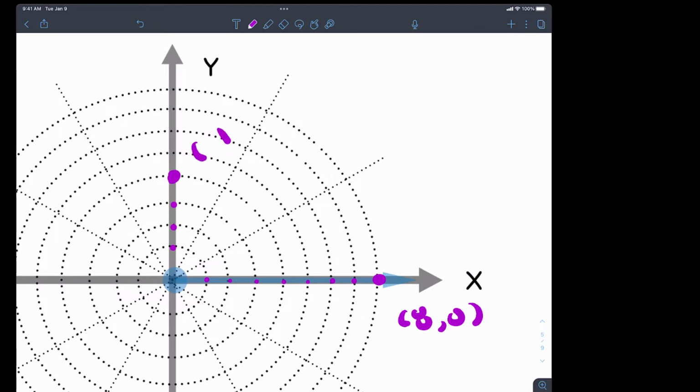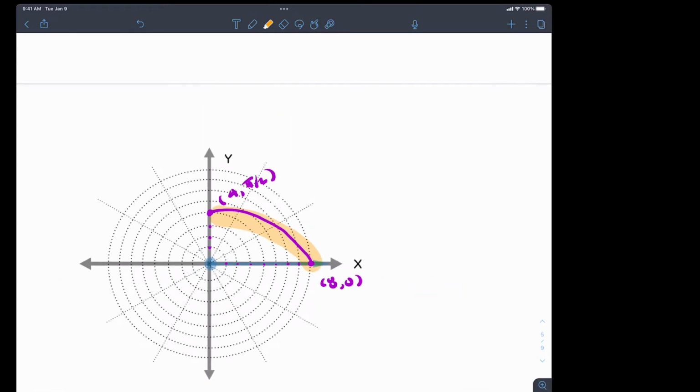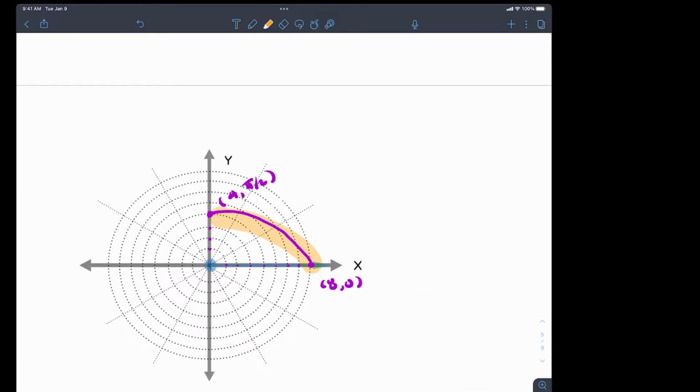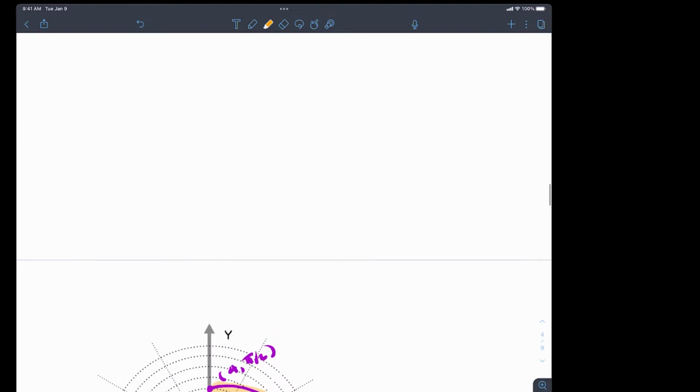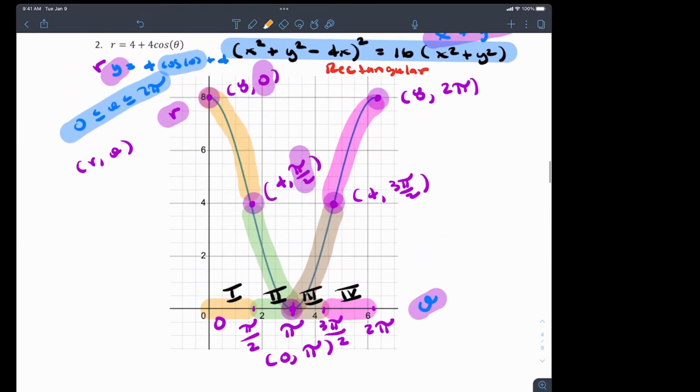We go to pi over 2. So bear with me, this is my art skills. And that is that first portion here, in orange. You guys okay with that? That's up here. You went from 8 to 4.